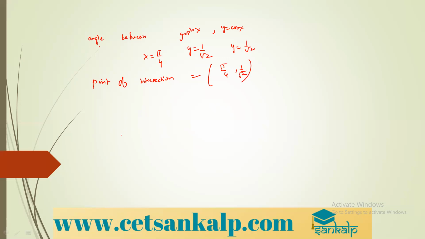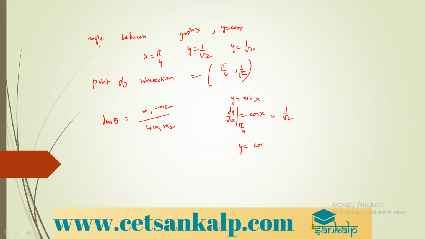So in order to find the angle between, tan theta, we will take m1 minus m2 by 1 plus m1 m2. So m1, we will take the first curve y equal to sin x. We will find dy by dx, that is cos x. And at x equal to pi by 4, it will be 1 by root 2.